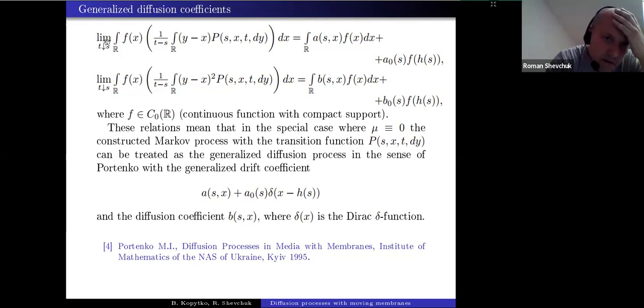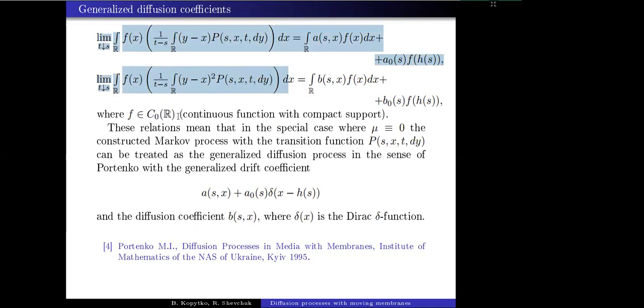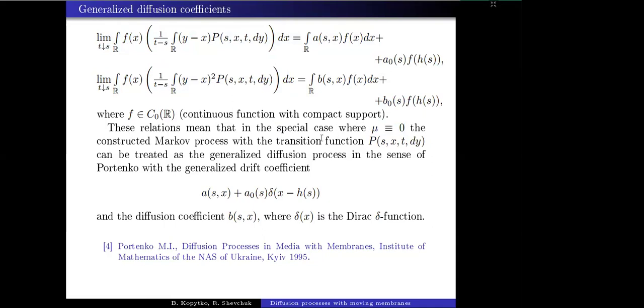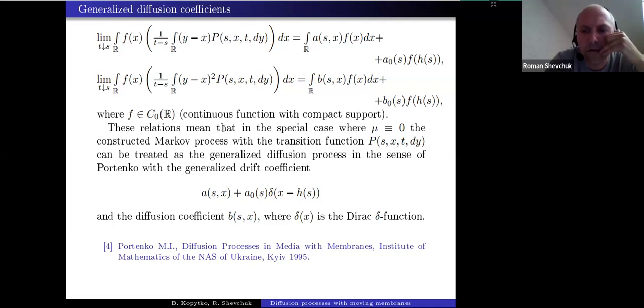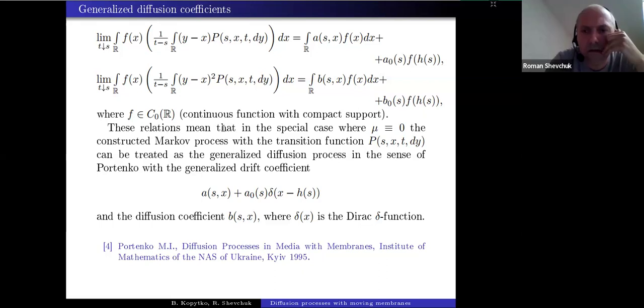Yes, because we use a sufficient condition here. Yes, we can prove this assertion only when mu is 0. But what is the reason why the presence of mu is so bad? Does it cause the non-existence of the limit, or you cannot prove that the limit exists? We cannot prove it. The process is discontinuous, so that's why probably it cannot be a generalized diffusion in this sense.